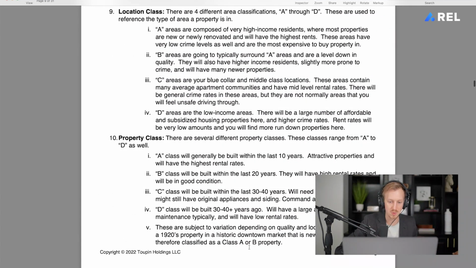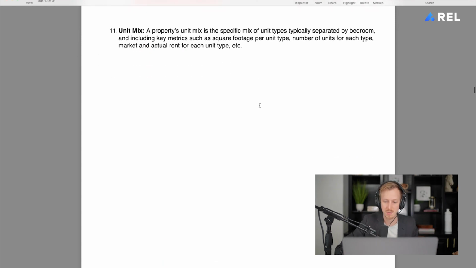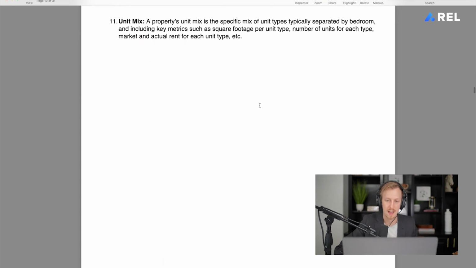Location class, property class. We went through these already in another video, so I'm going to skip over those. What is a unit mix? A unit mix is the specific mix of unit types at a property, normally detailed out by number of bedrooms and bathrooms, and they're normally delineated by the unit type as well.